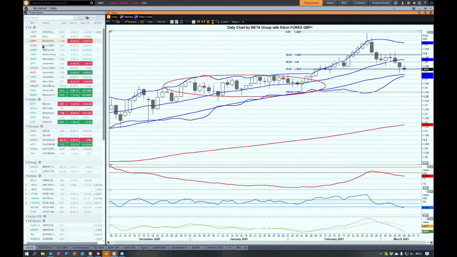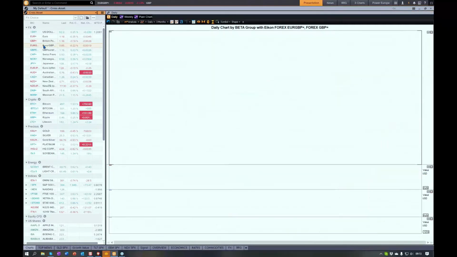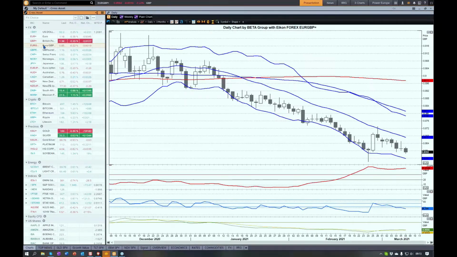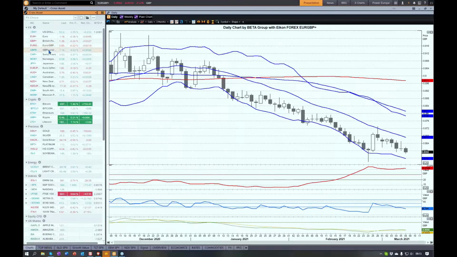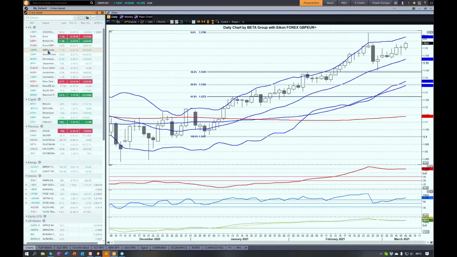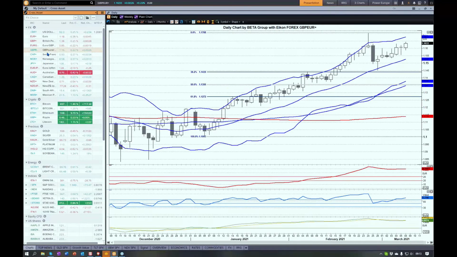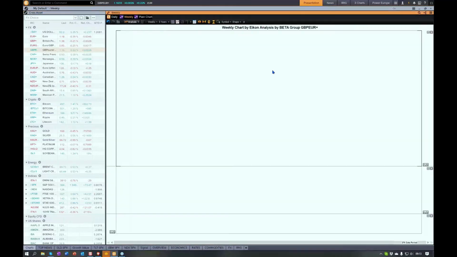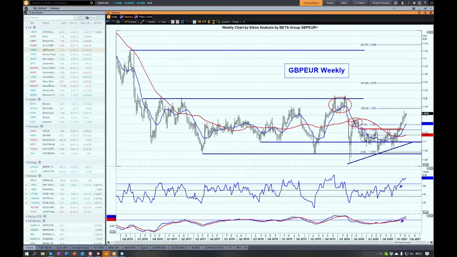Now, to further make the point that we've seen from the RRG chart, look at the British pound versus the euro. So we've got the euro with the dollar, and then we've got the British pound over to the right. And look at that, you can see this very clearly here. This is the weekly chart of sterling versus the euro.